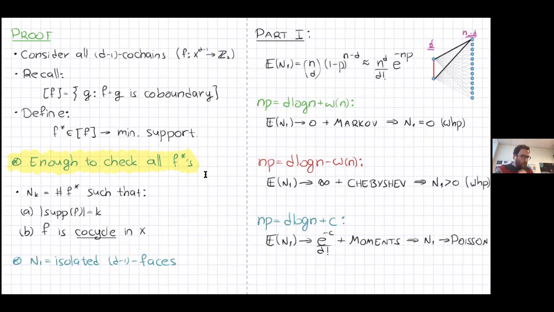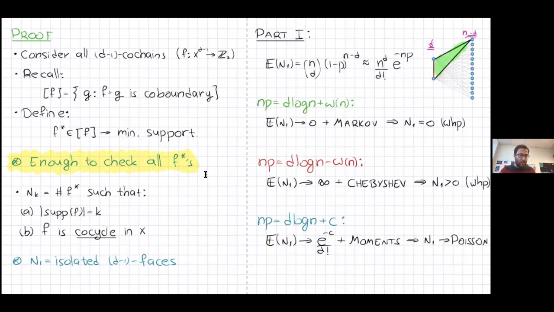And since I want this thing to be isolated, I don't want it to be part of any triangle in this picture, or d-simplex in the general case. So I want to make sure that this simplex doesn't appear in my complex.